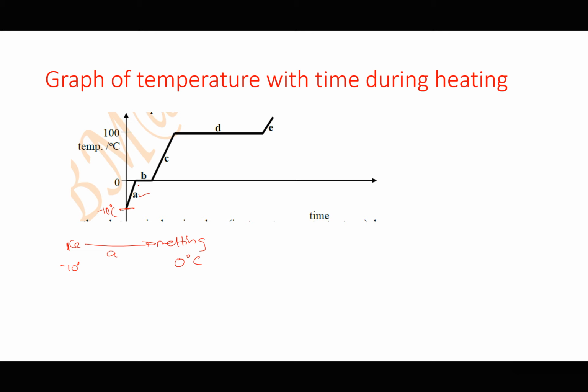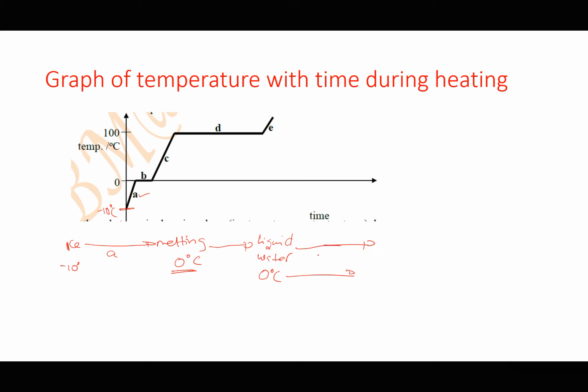We will realize that when the ice is melting, the thermometer shows no change in temperature, not until all the ice has become liquid water. Then the temperature starts rising from 0 degrees Celsius to a certain other value.